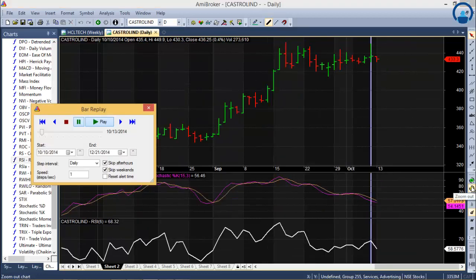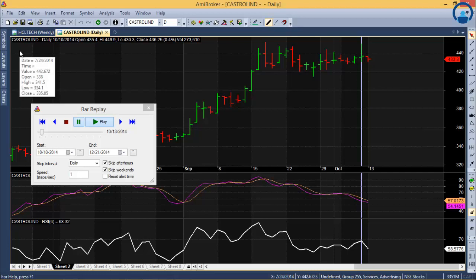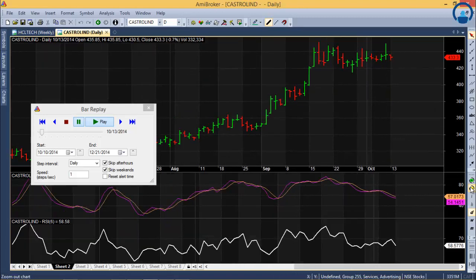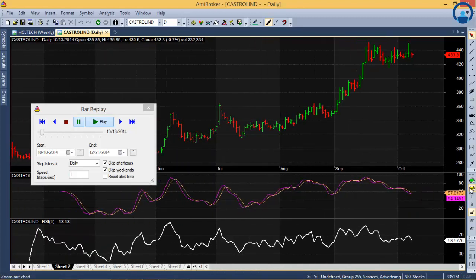Our next chart is Castrol Industries, and in this chart we will see how stochastic and RSI can be clubbed together to find entries and exits in the market. Before adding bars, we will zoom out and see the current condition of this chart.